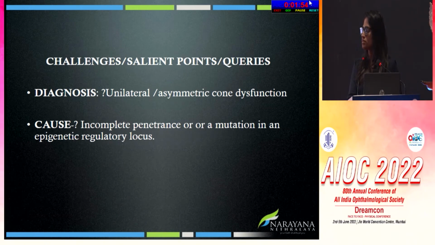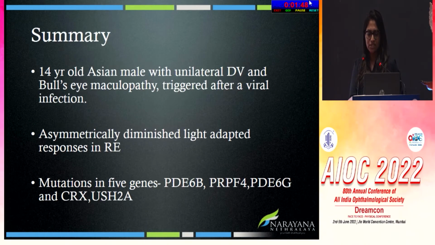Now if we look at those 5 genes that we got, is there any one of them which is fitting into this type of early onset pediatric age cone dysfunction? Only CRX is known to have cone dysfunction. Others are all related to rod dystrophies. But there have been some anecdotal case reports, but nobody has done a genetic correlation of the phenotype.